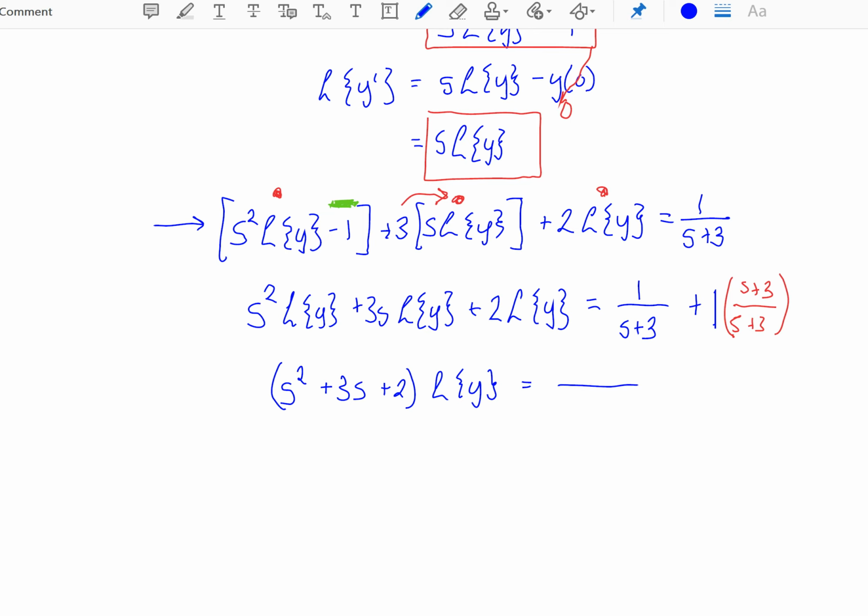Note 1 over s plus 3 plus s plus 3 over s plus 3, I believe, is going to be s plus 4 over s plus 3. And now to get Laplace of y by itself, we'll divide both sides by our quadratic.